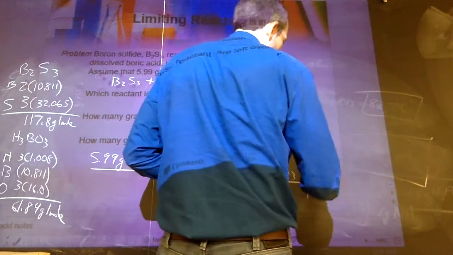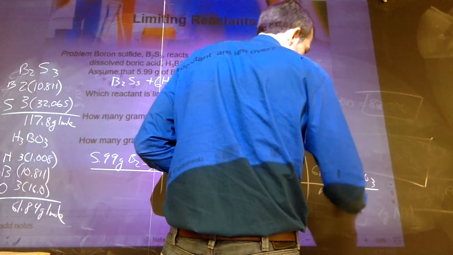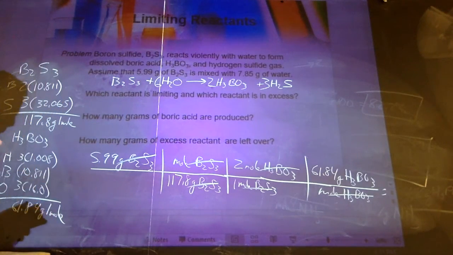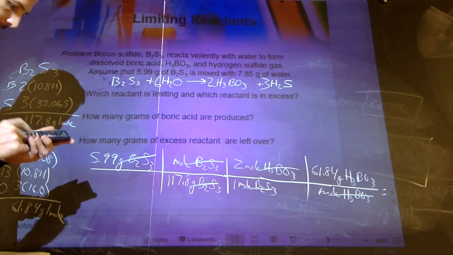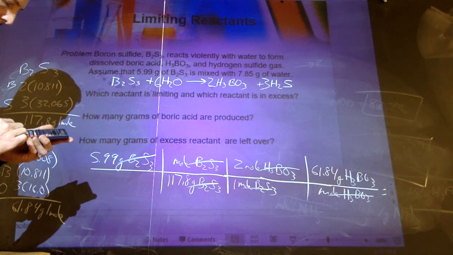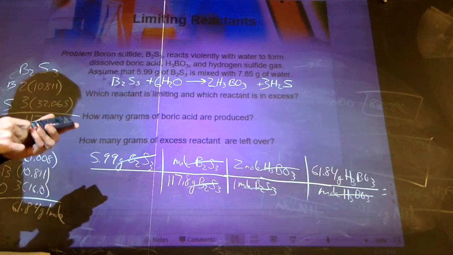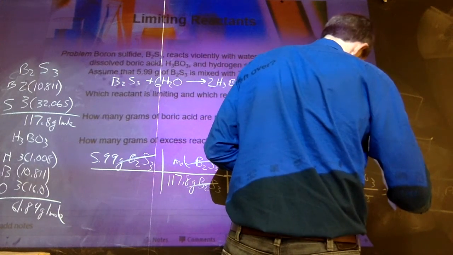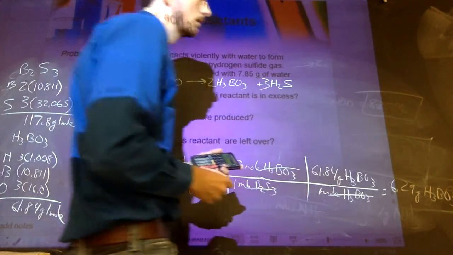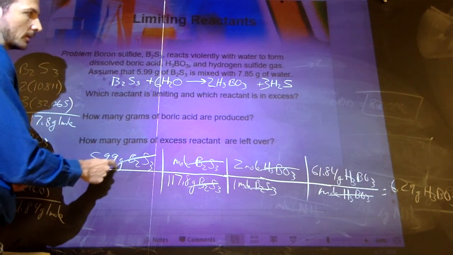So I need moles on bottom here. So I get 6.29. So that's if the 5.99 grams of B2S3 react completely.